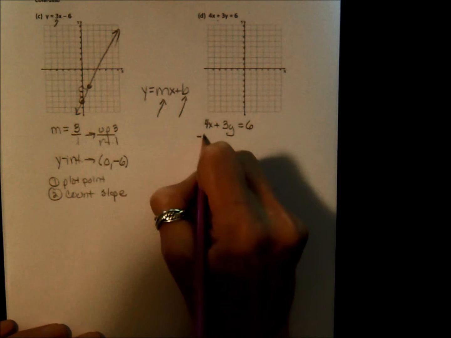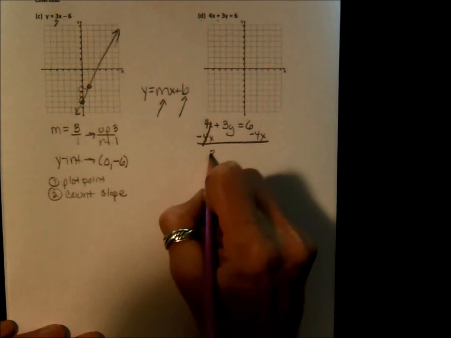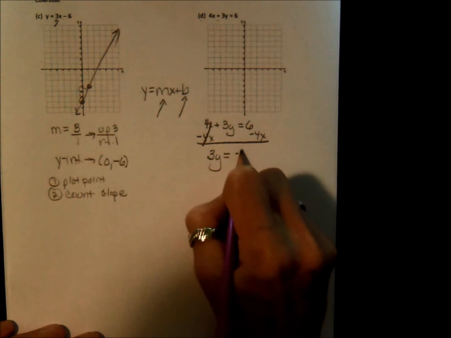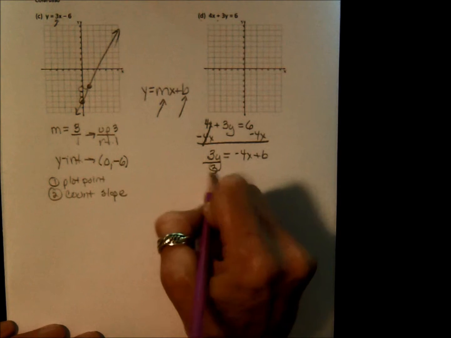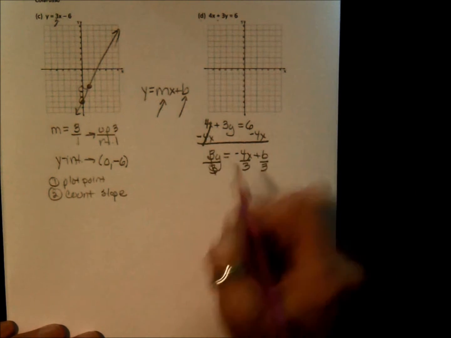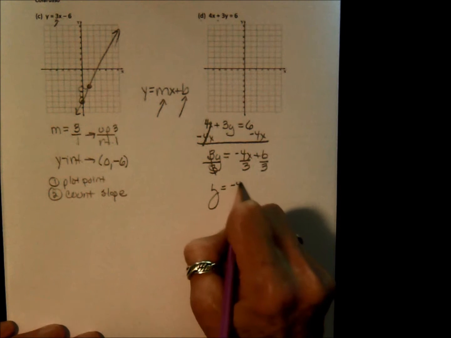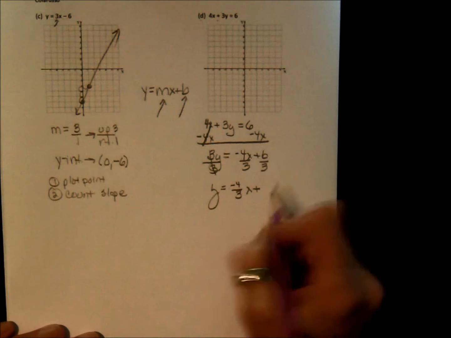So we're going to subtract a 4x. That gives us 3y equals -4x plus 6. I divide each term by 3, and you get y equals -4/3 x plus 6 divided by 3 is 2.